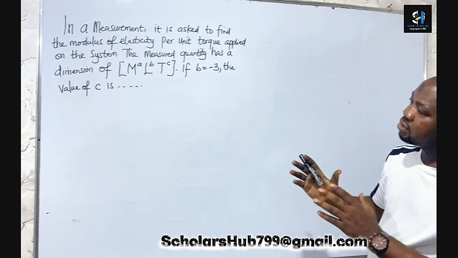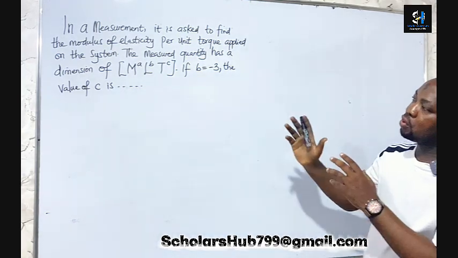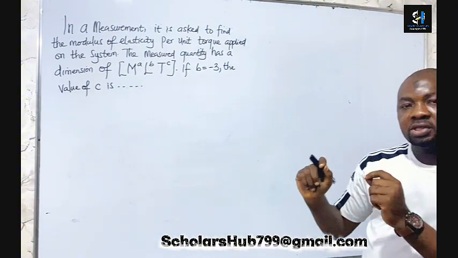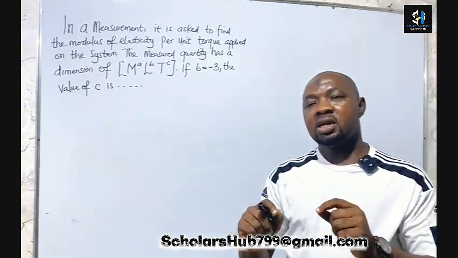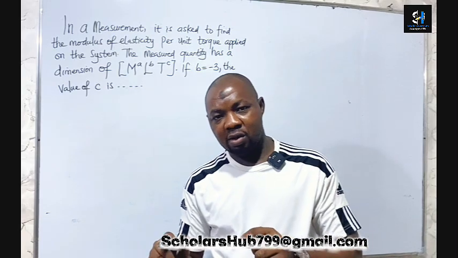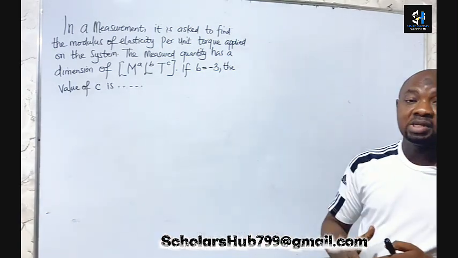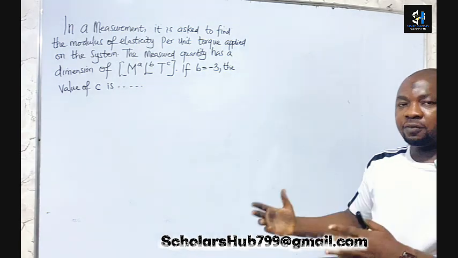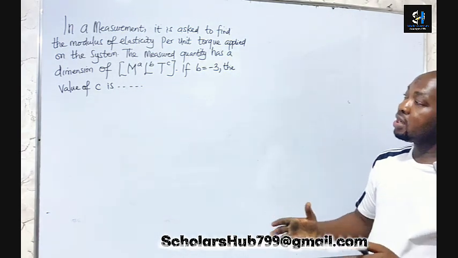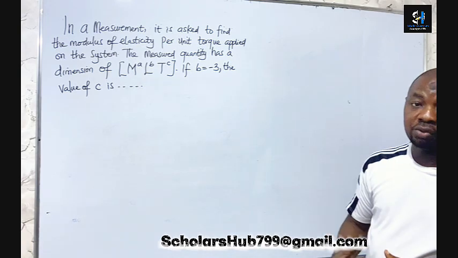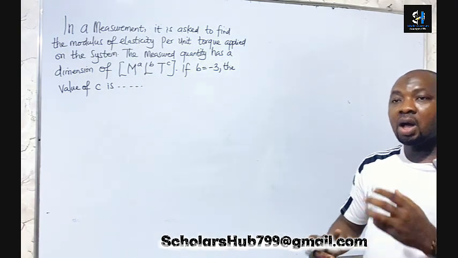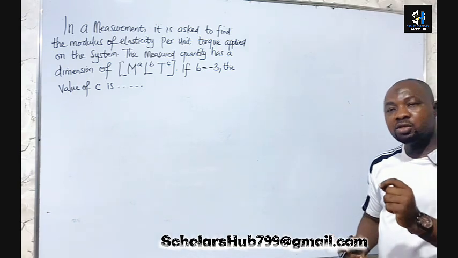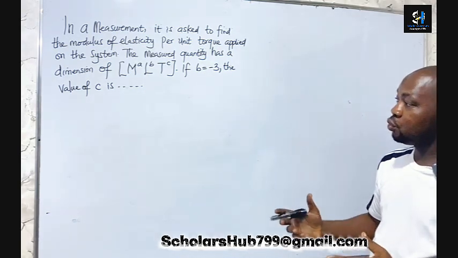One thing is very important when it comes to problems like this. First, a dimensional formula is a formula which indicates the relation between derived units and fundamental units. A dimension is an expression which shows how and which of the fundamental units enter into the unit of the physical quantity.